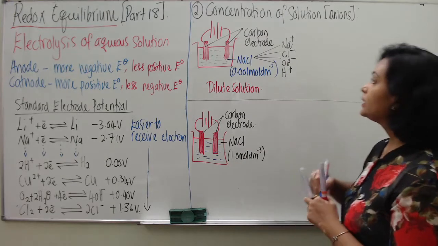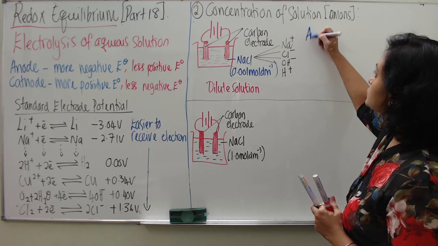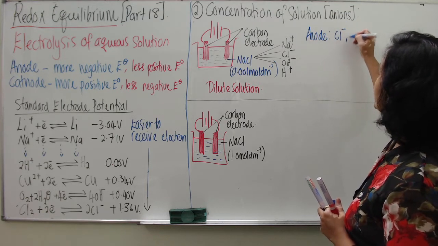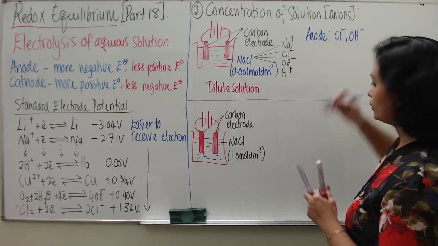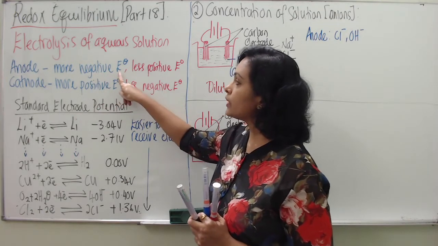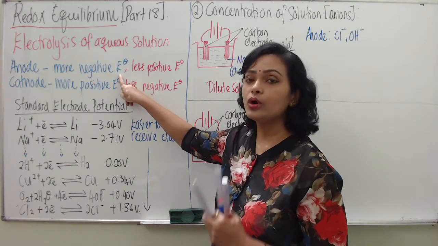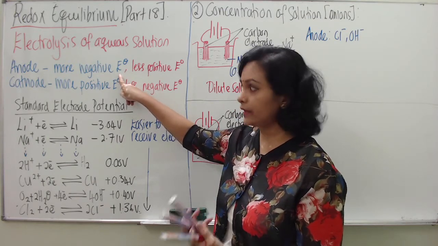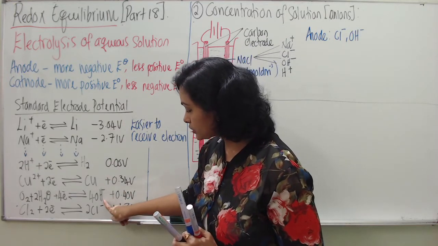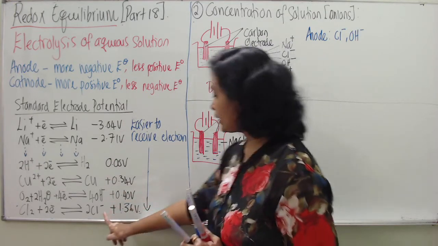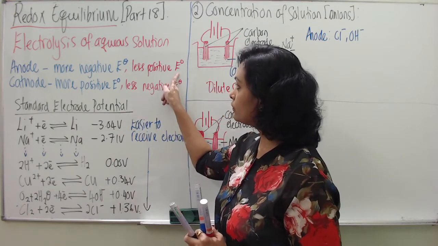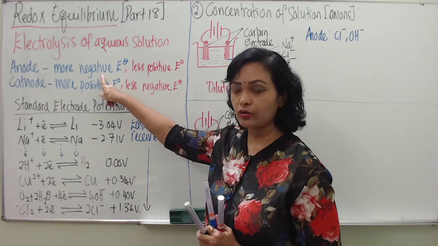Meaning, at anode, we have chloride ion and hydroxide ion. But at anode, look at the rule. We must choose the one which has the more negative E0 or standard electrode potential value. Between hydroxide and chloride, who has the less positive or more negative E0 value?